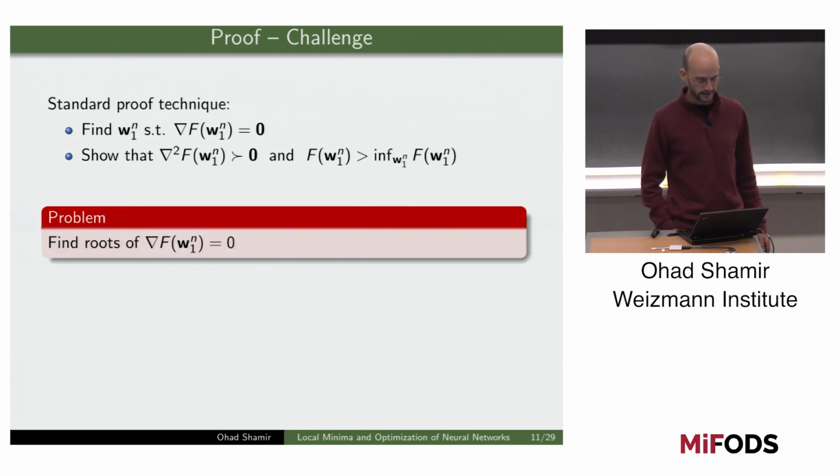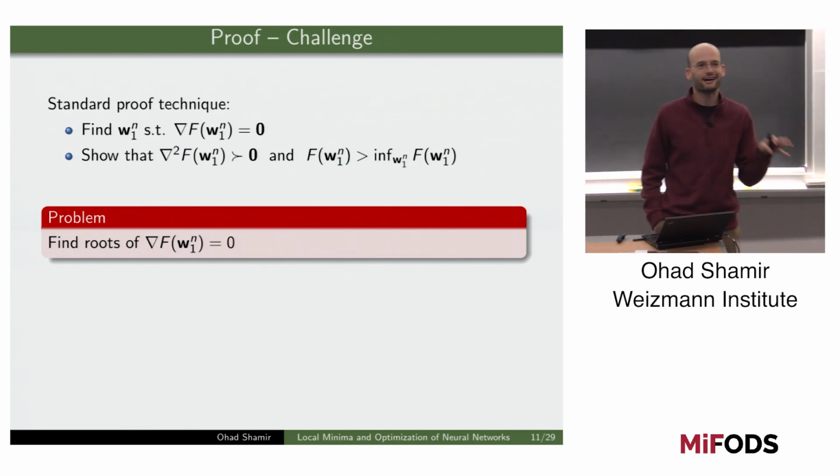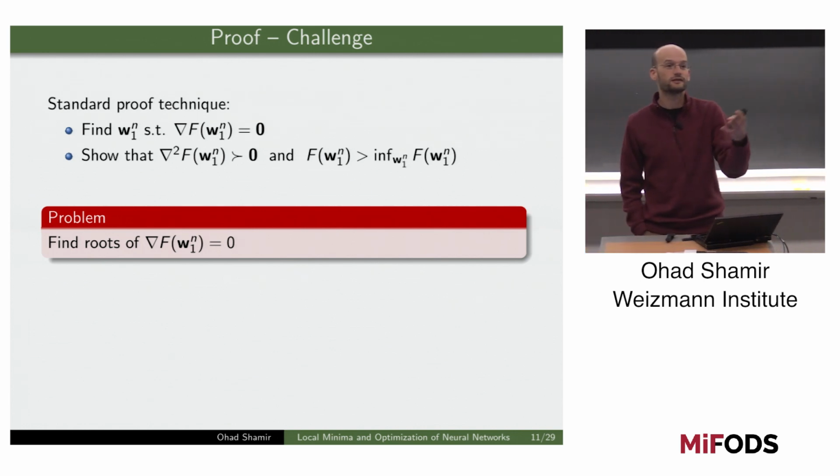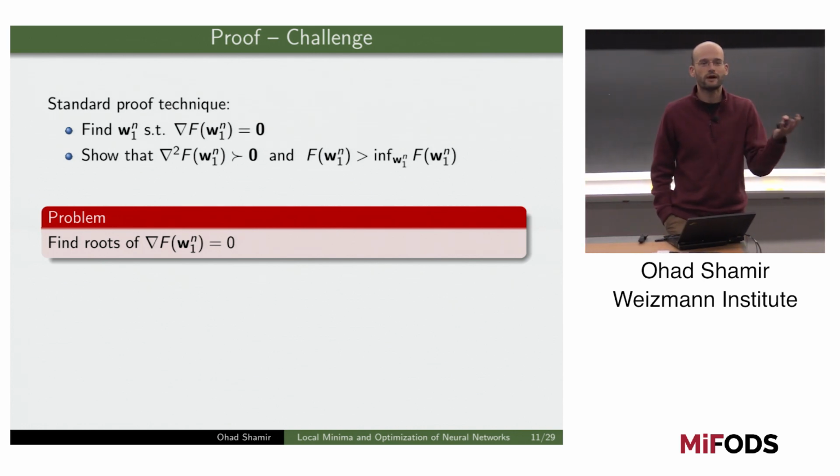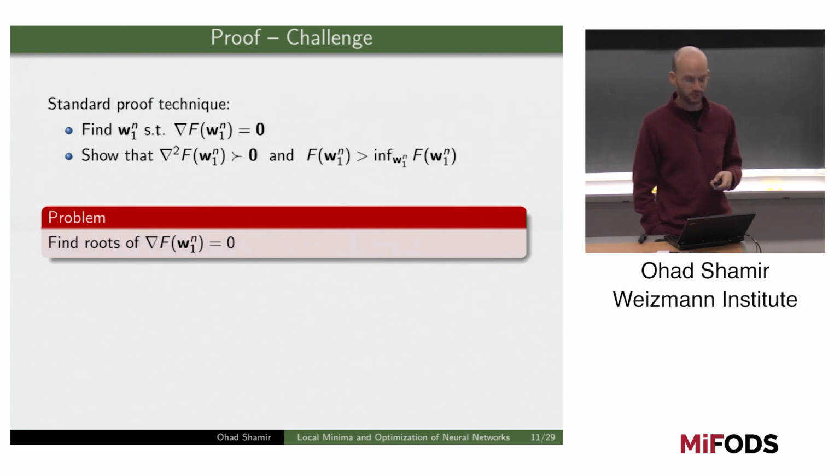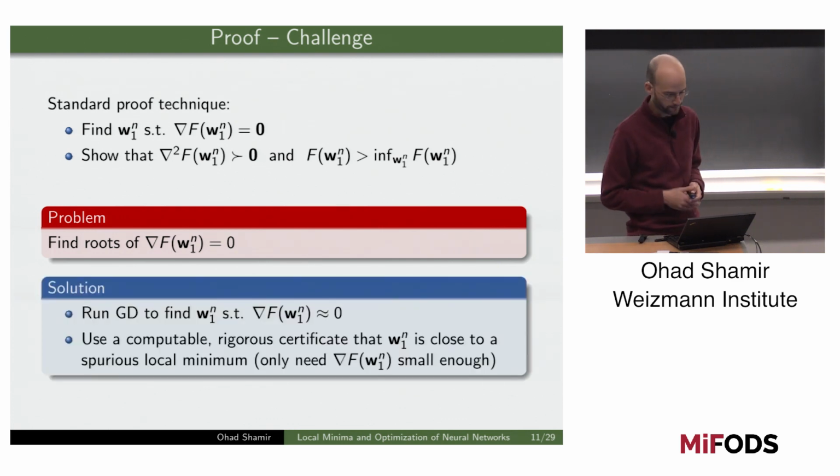The problem here is that although we can write down the objective in closed form, and we can write down the gradient, no one has any idea how to compute the roots of this equation. As far as we know, there might not even be a closed form expression for these roots. So that precludes writing down some expression and verifying it's a spurious local minimum.